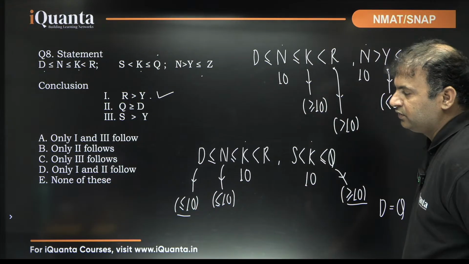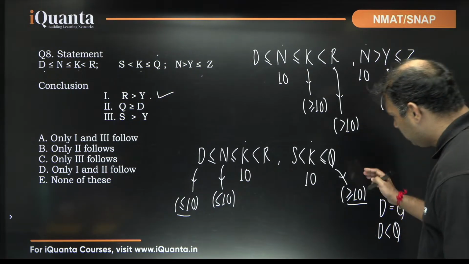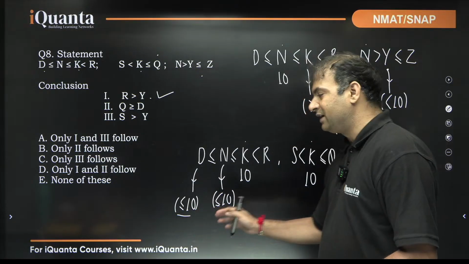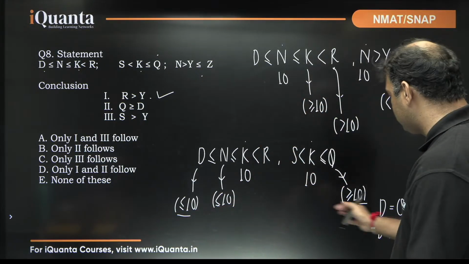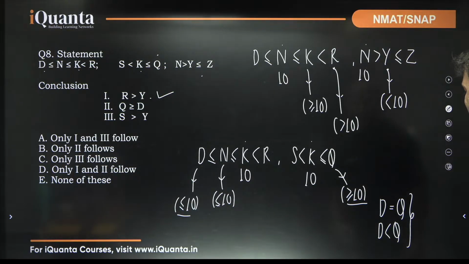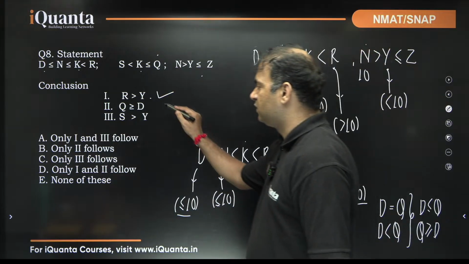In that case, D will be less than Q. One more possibility, that Q is equal to 10 but D is less than 10. In that case also Q is greater than D, or D is less than Q. So anyways guys, about D and Q we can have only two relations: either D is equal to Q or D is less than Q. So we can say D is less than or equal to Q, or Q is greater than or equal to D, right? That means conclusion 2 is also true, right?